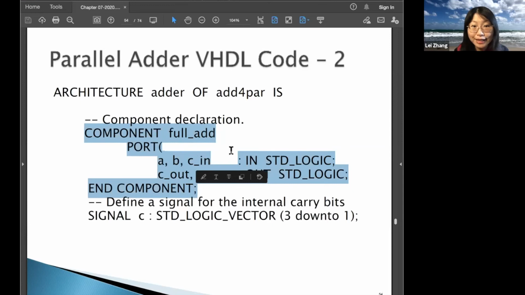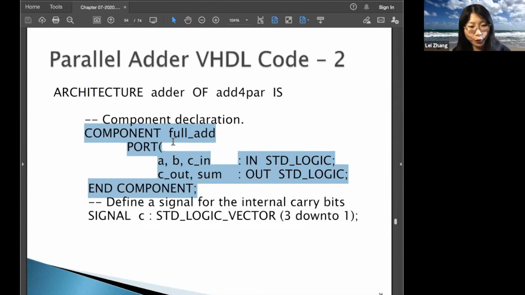So basically, the component looks like the entity defined in the components VHDL file. So in the VHDL file for the components, we have the entity at the top. So when you write your VHDL code, you copy that part in this component and name it as a component instead of entity. Now you have the component defined in this top level VHDL file.